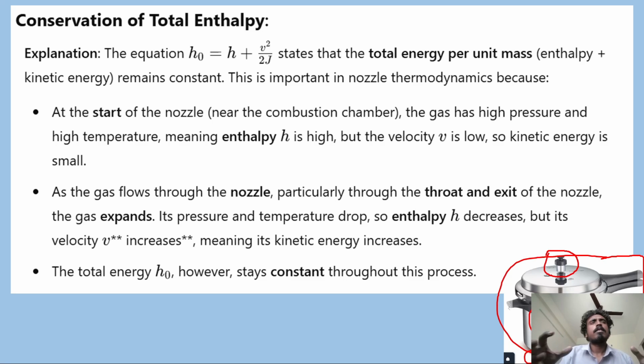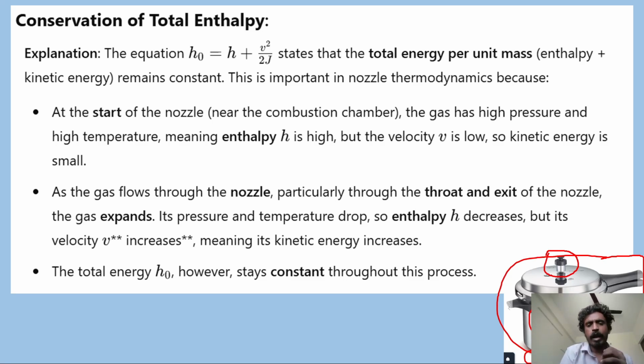But the concept I am trying to convey here is this: when you confine the gas in a small area and heat it, as we are doing in this pressure cooker, what happens when you lift the nozzle? It will shoot out at a very high velocity.